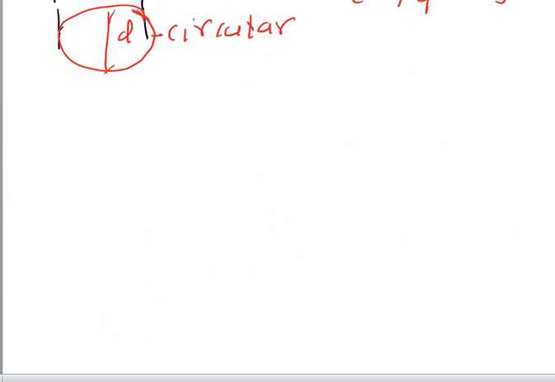Hence, let us now make equilibrium. What we got? Weight equals Fb plus Fd.